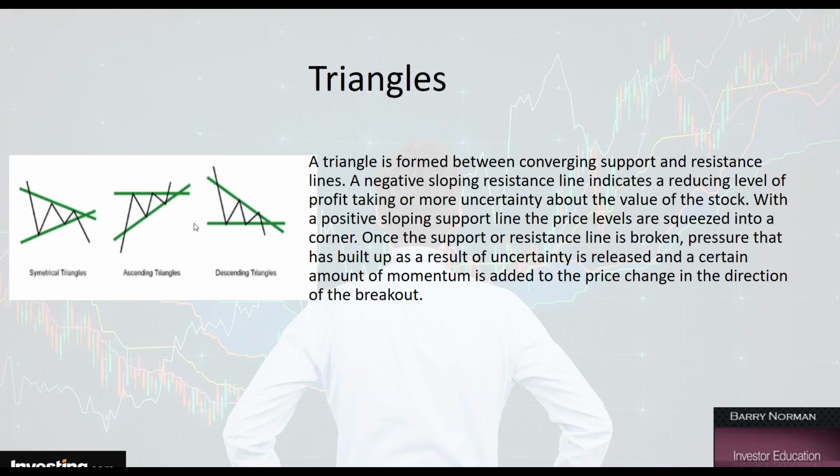Now, what happens is, basically, if you understand the psychology of the markets, when we see these prices fitting into this triangle, what it's telling us is the price and the bulls and the bears are pulling in, and they're getting to the point when they reach the peak of the triangle that they're going to burst out. When they burst out, once they form the triangle and they burst out, the markets are going to continue in the direction or have momentum to move in the direction that they burst out.